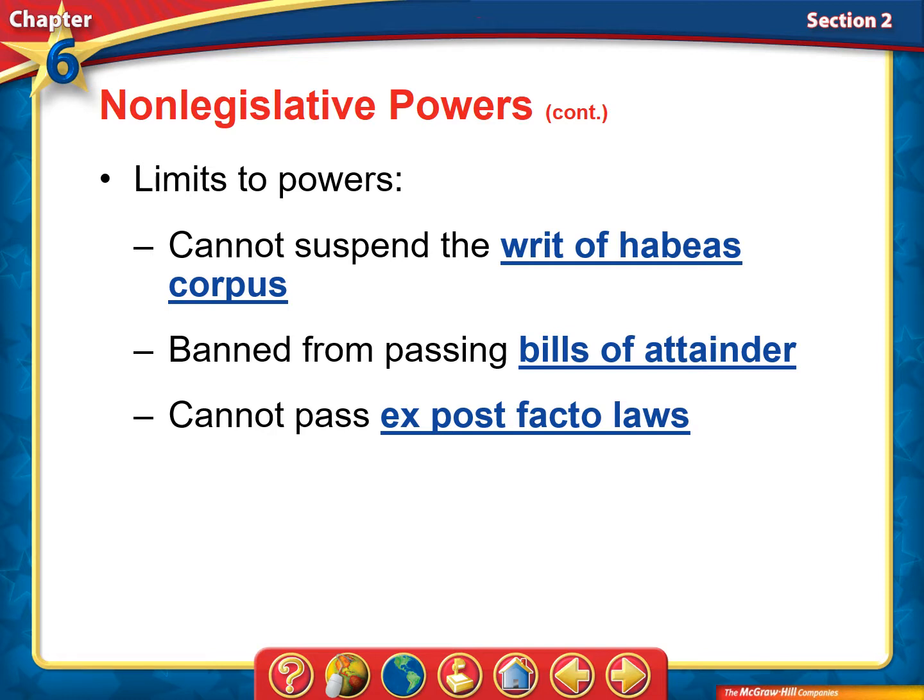But now we have a law. Sorry, Jamie, I know that you didn't think you were breaking the law this morning, and technically you weren't. But now we have a law against blue shirts, and now Jamie's in trouble. That would be an ex post facto law, and that is clearly unconstitutional and an important limit on Congress.